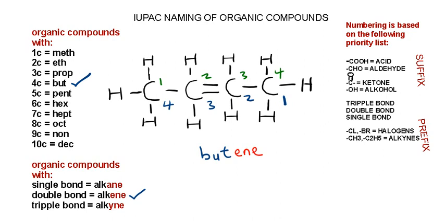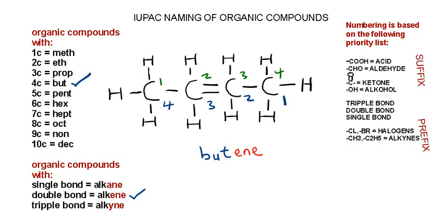But remember that this is not the real name of this organic compound. Let us finish up and you will see the real name. Now, let us check. This double bond is attached to carbon number 2 and carbon number 3, both in forward direction and in backward direction.